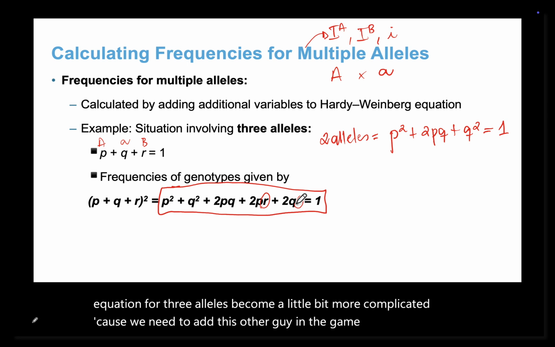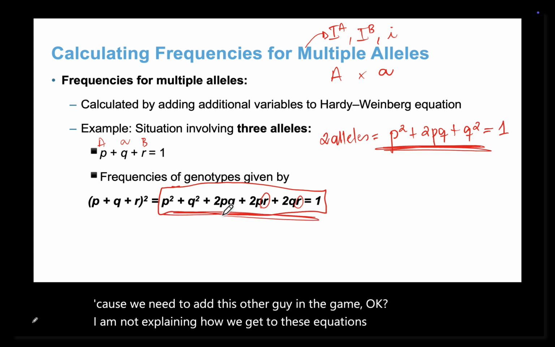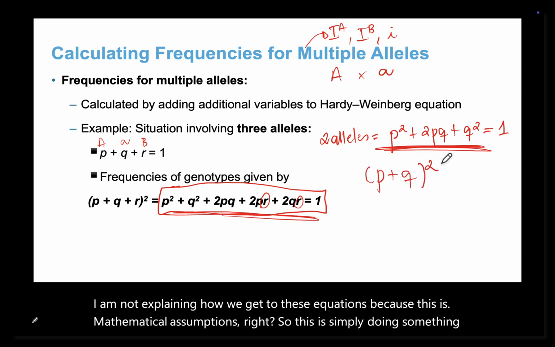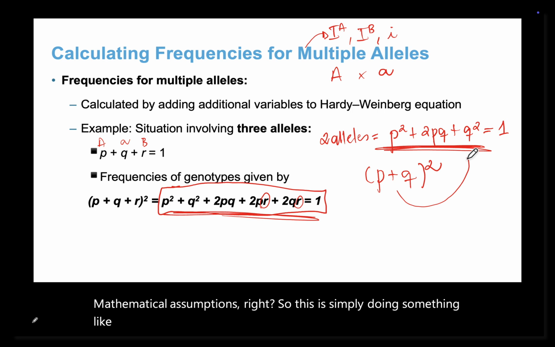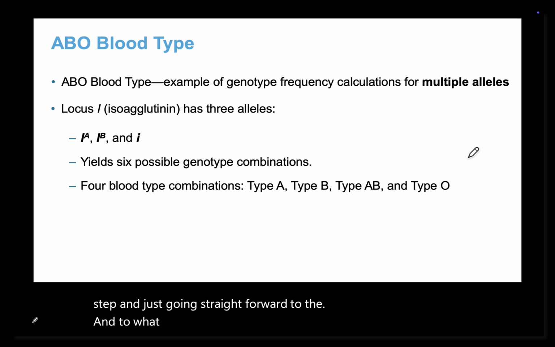Okay? I am not explaining how we get to these equations because this is mathematical assumptions, right? So this is simply doing something like this, and then you get to this equation. So I'm just skipping that step and going straight to what is interesting here for our class.